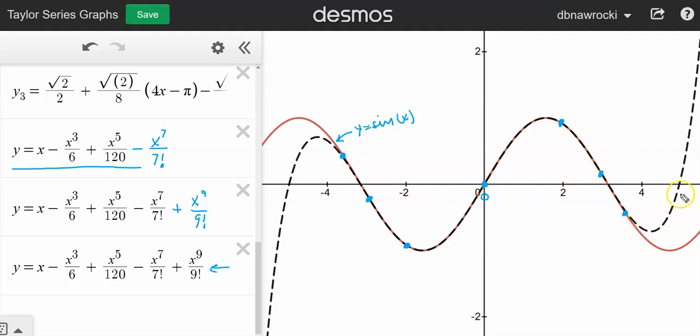And then after a while they do diverge from the graph of the sine. And the higher the degree that you take, the better your polynomial approximation is further away from your base point A about which you expanded, in this case A being 0.